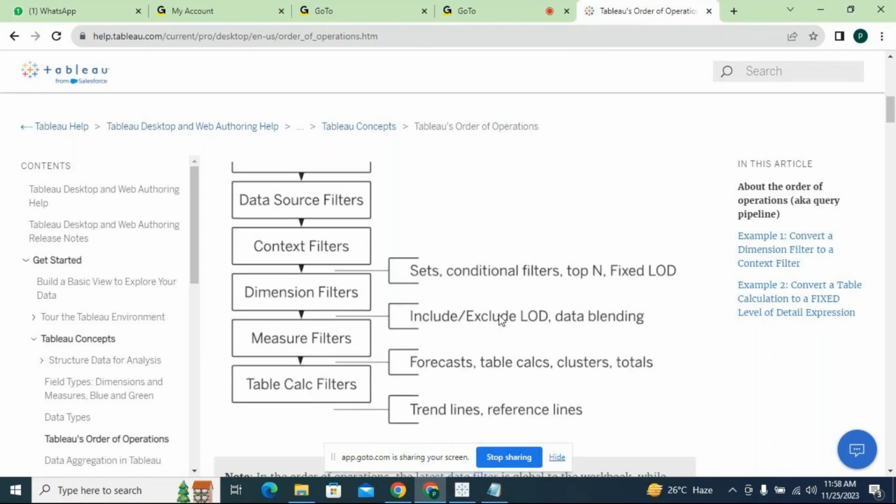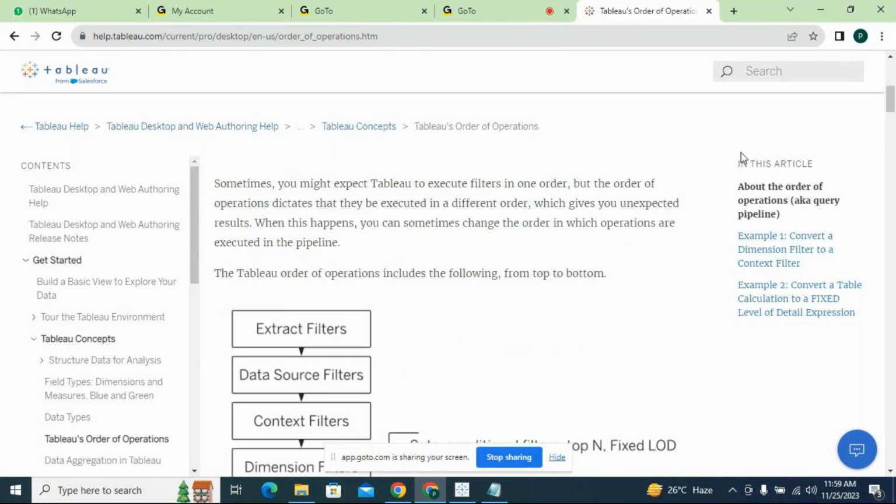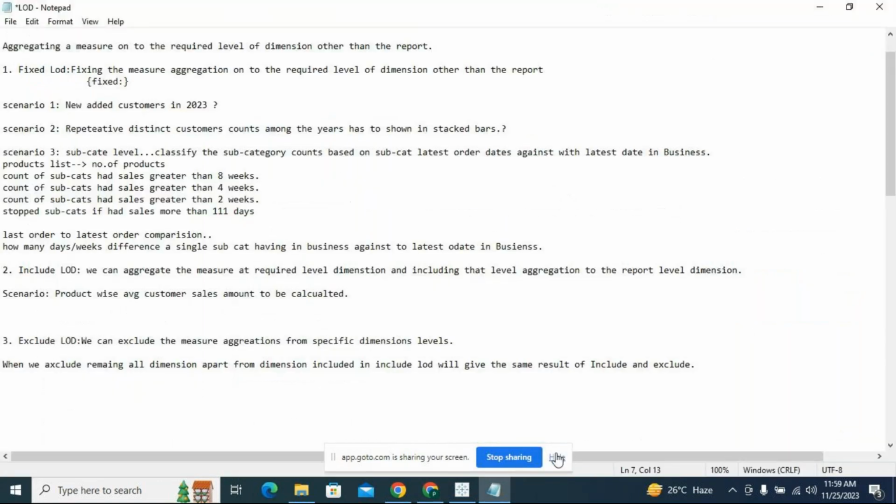Okay, and after fixed LOD only dimension filter is executed. So obviously include, exclude LODs, data blending filters, everything will be impacted by these dimension filters. Okay, so next, table calculation filters are the last filters, which are executed at report level measures.